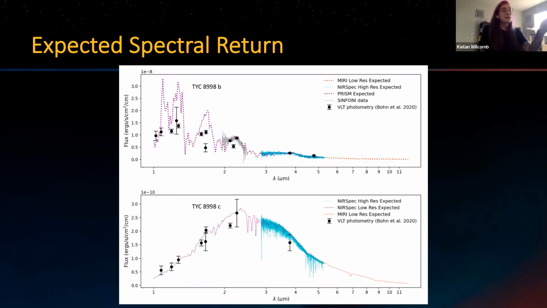So the spectral features of this object are just very, very strange. And there's only maybe 1 or 2 models I could find that fit that shape in general. So they do struggle to fit the VLT photometry for sure. They're kind of inside of the uncertainty a little bit, but yeah.